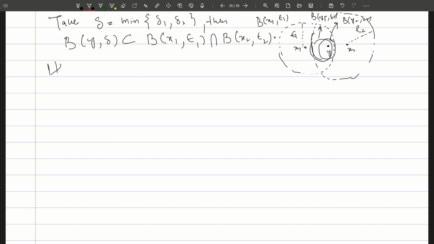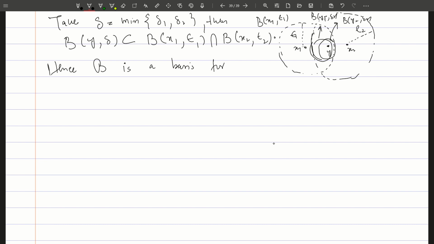Hence, this fancy B is a basis for some topology, say Tm, on X, and that topology Tm is called the metric topology on X. One can note here this topology is induced by the metric, because the elements in the basis are formed by the metric.